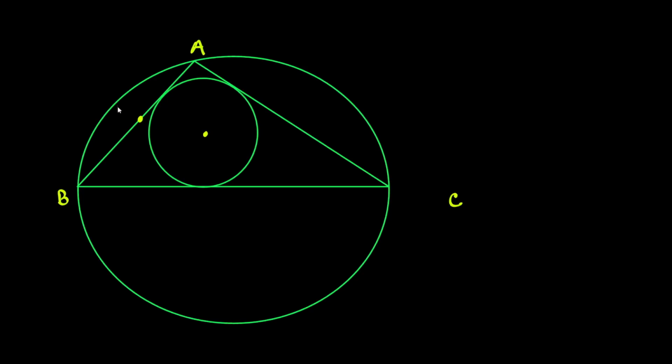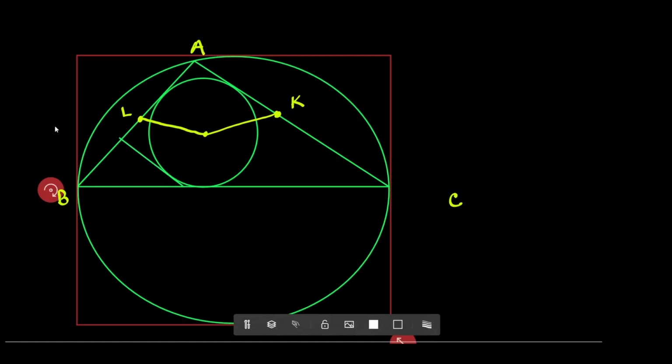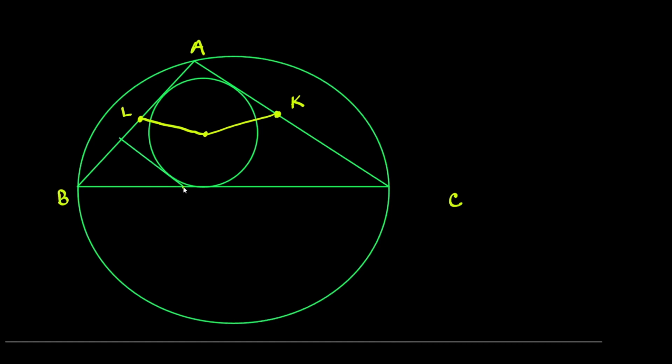Okay, so this is L, this is K. So we have to find out KIL plus the other angle. For that, we select a point X on BC such that the line is parallel to AC.